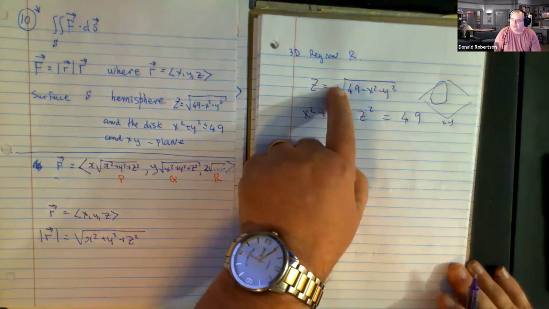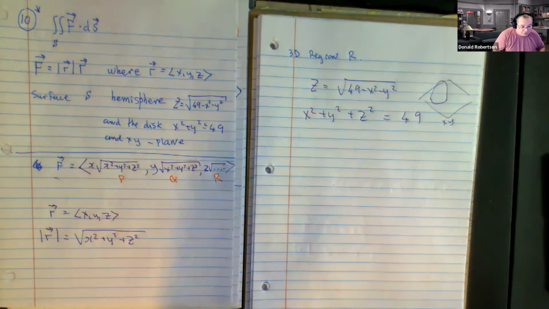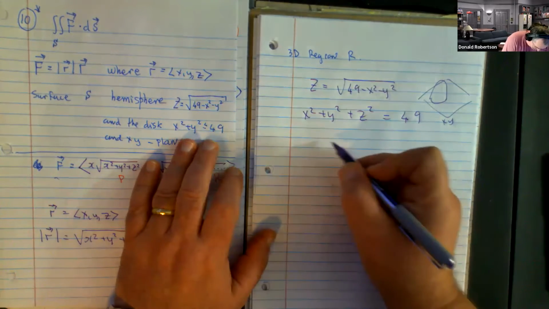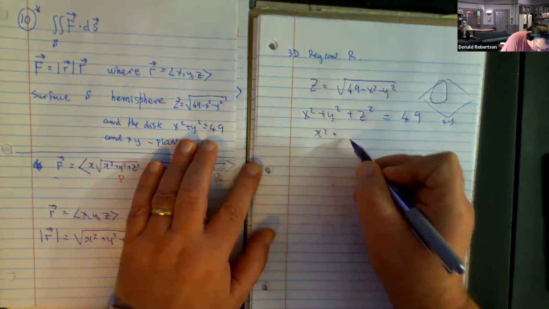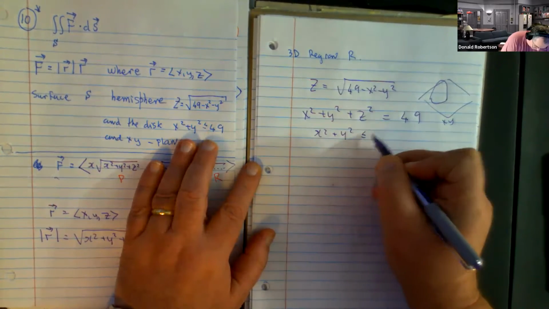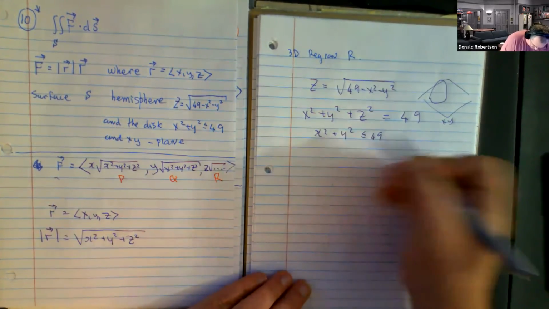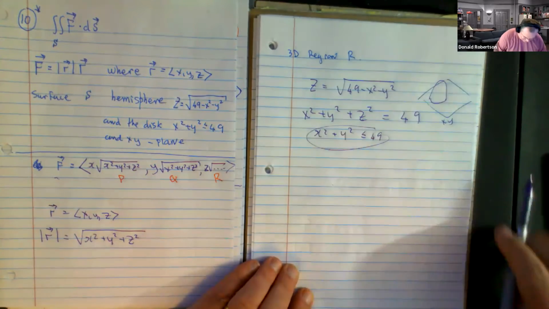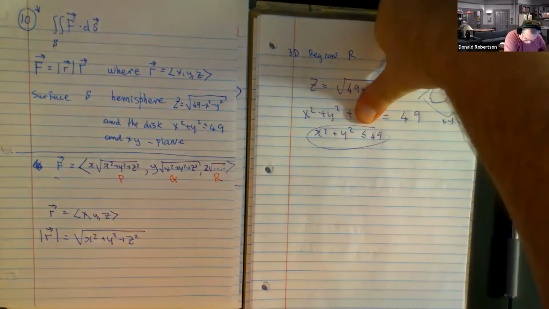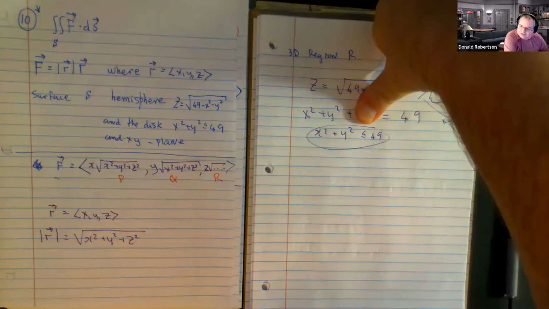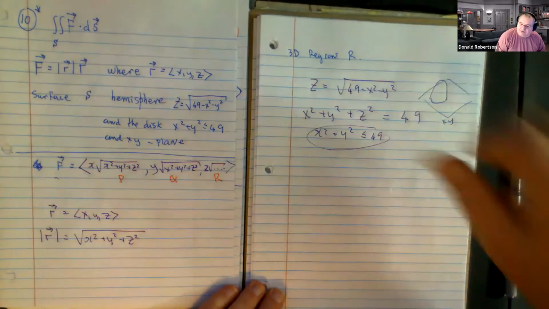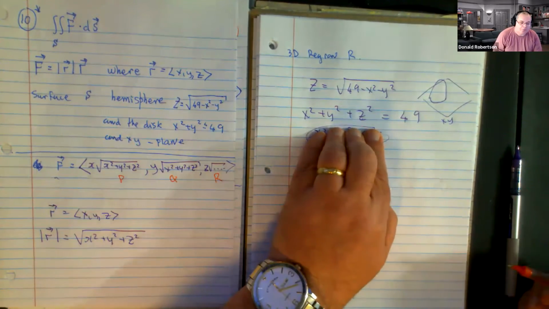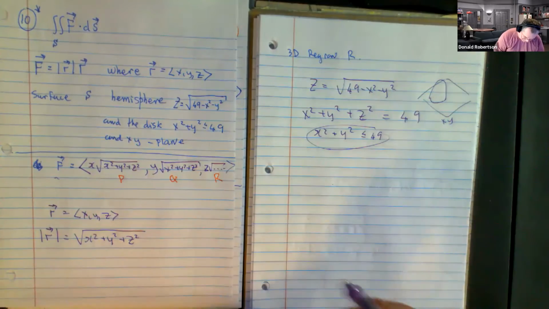Why is it the top half? Because it says plus, right? That's good. Now, what else do we have? Well, we have a disk, x squared plus y squared less than or equal to 49. And we have the xy plane. Pretty much that is contained inside that. Because the minute I make that 0, don't you get x squared plus y squared is 49? And it's the guy inside it. So that hemisphere was really all I needed. That there was probably incidental information.